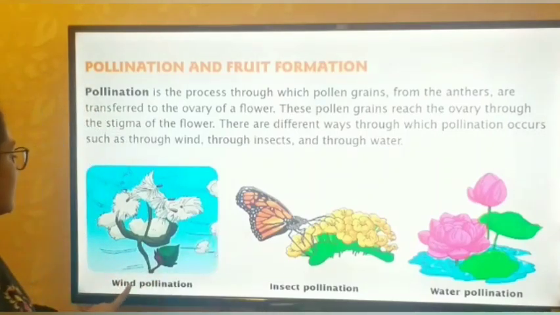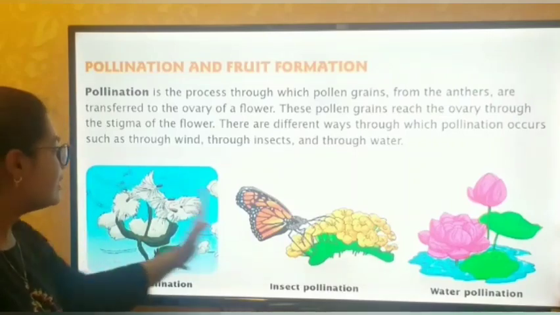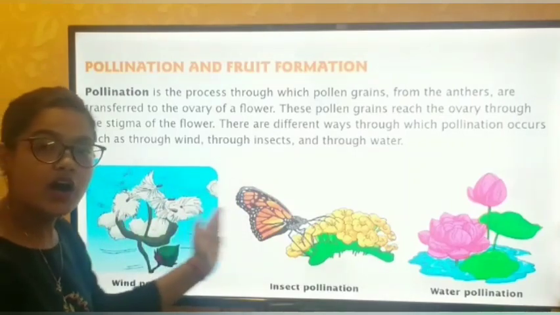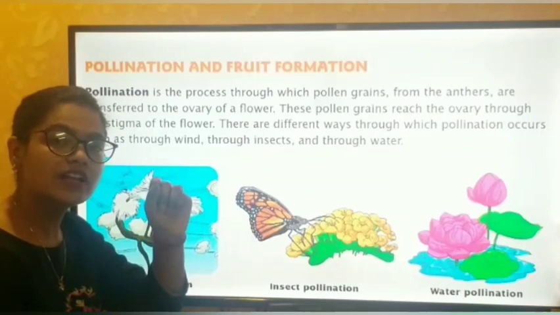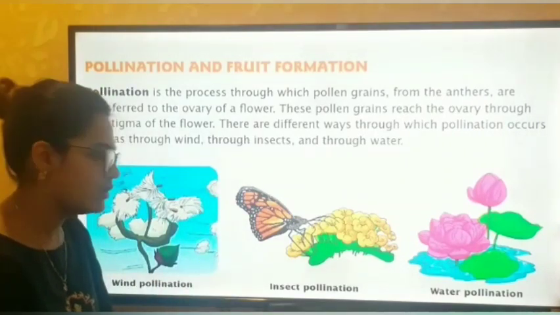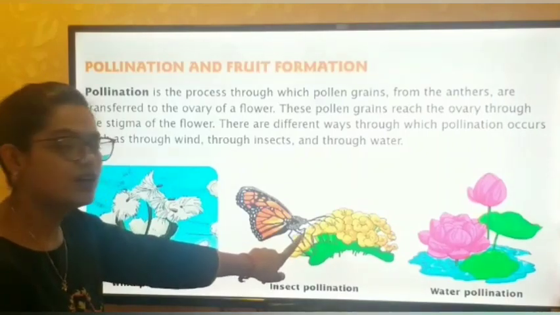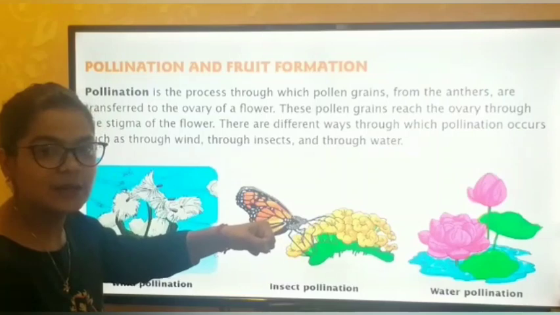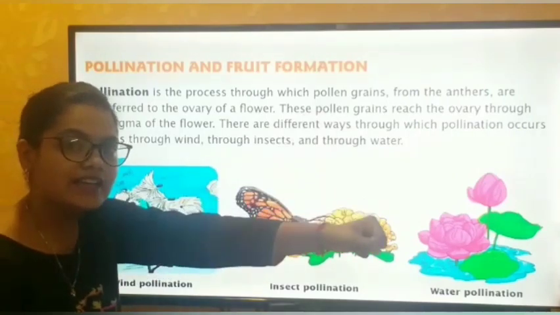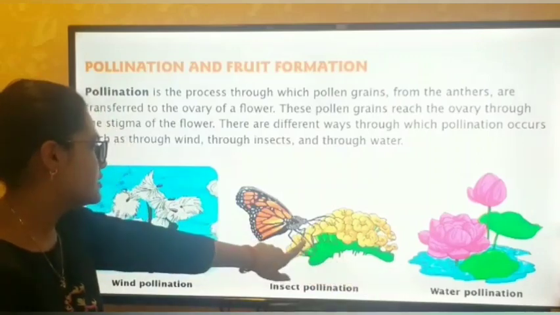The first is by wind. As you can see in the figure, when the wind blows, along with the wind the pollen grains will move from one flower to another. Secondly, by insect. When the insect sits on the flower, it takes some pollen grains and then moves to another flower and releases the pollen grains.